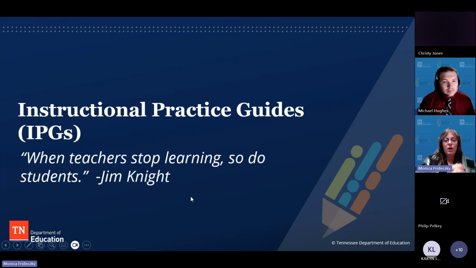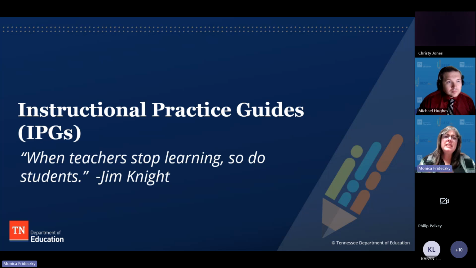This quote is from Jim Knight. Some of you may be familiar with him, especially if you've had any experience with instructional coaching. Jim Knight is, I would call him, one of the founding fathers of instructional coaching. One of his famous quotes is, "When teachers stop learning, so do students."